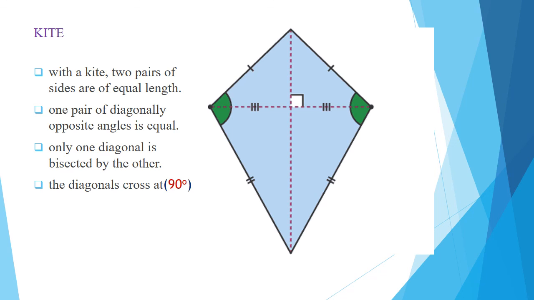So it means that the angle at the top and the angle at the bottom will not be equal. It's just the angles at the side and side which are going to be equal. So that's why we are saying that one pair of diagonally opposite angles is equal, just one pair.